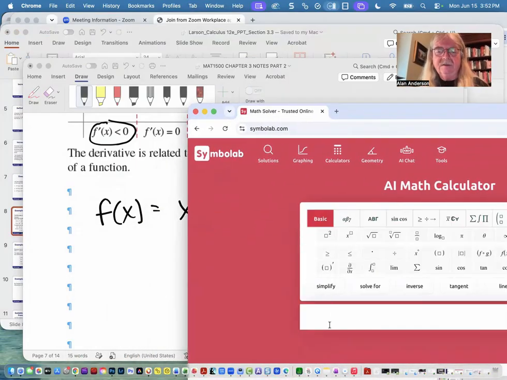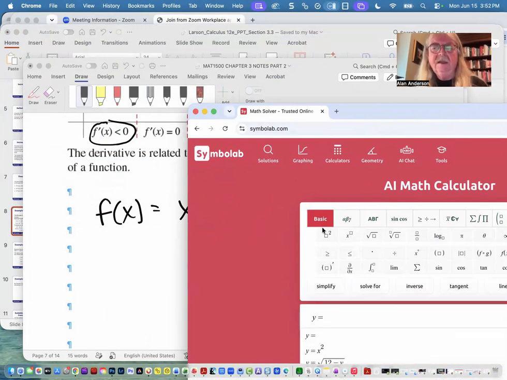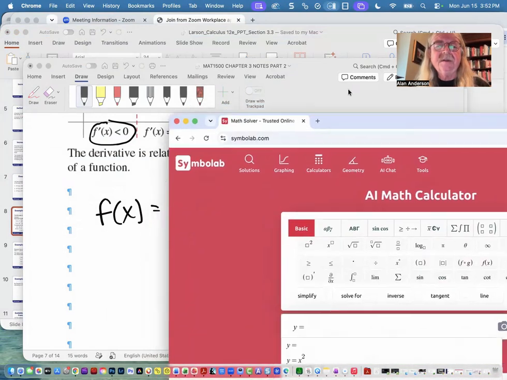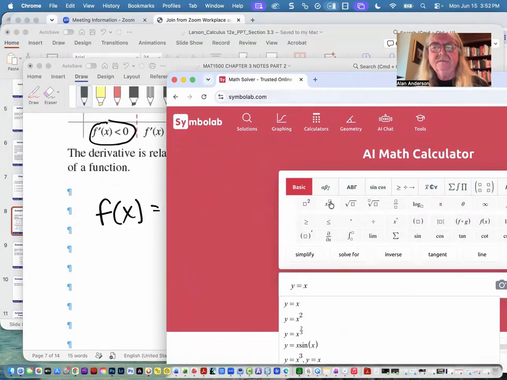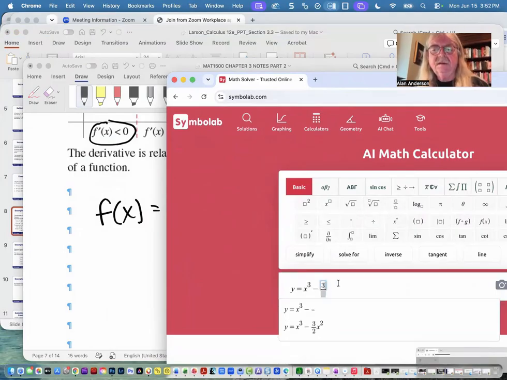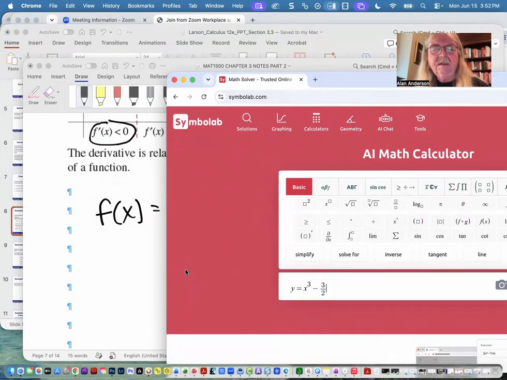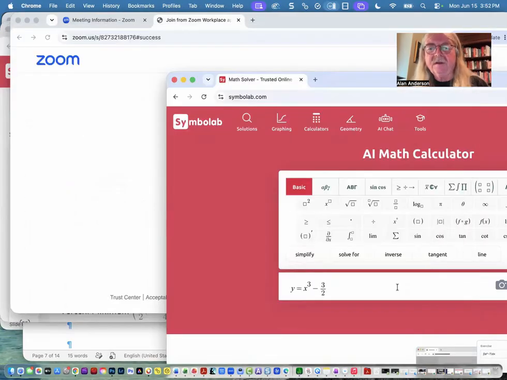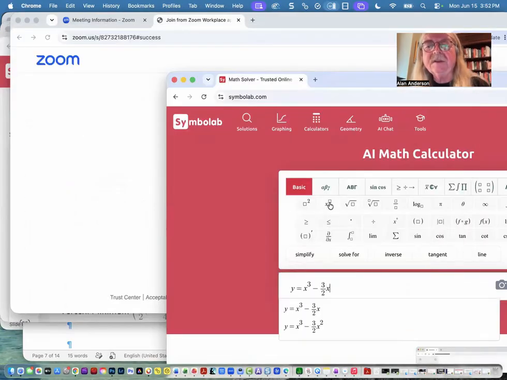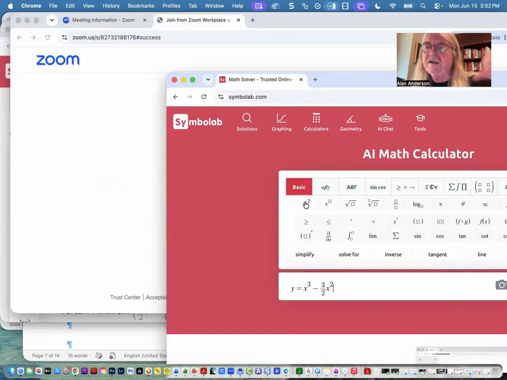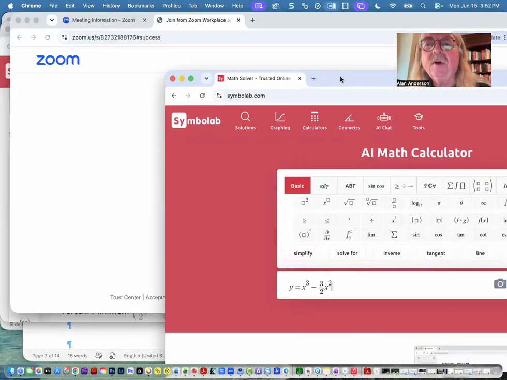All right, here we go. y equals x cubed minus 3 halves x squared. Great. So we'll be able to see just by looking at it where it's increasing and decreasing before we do anything else.